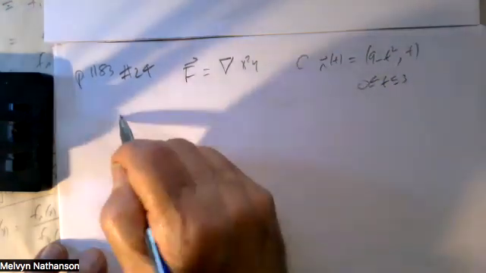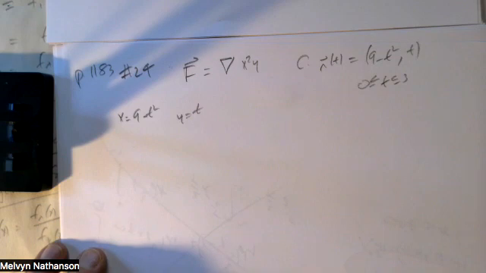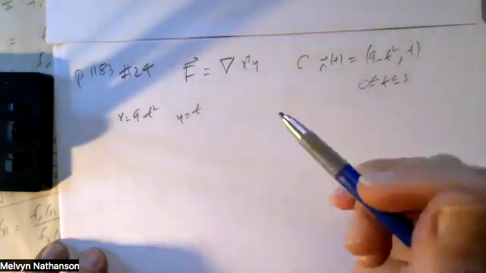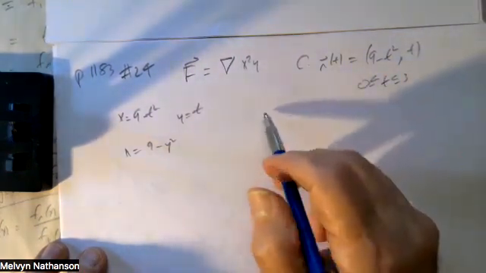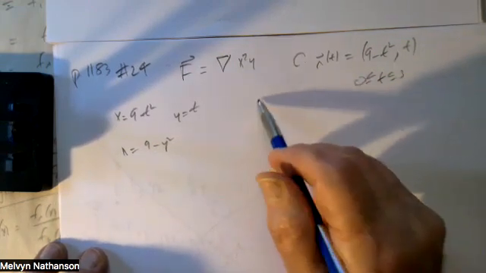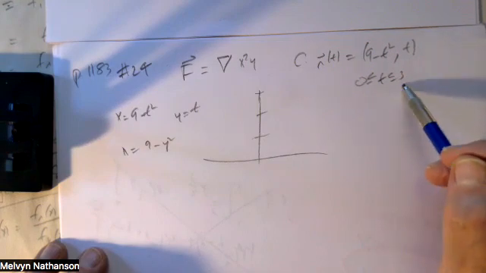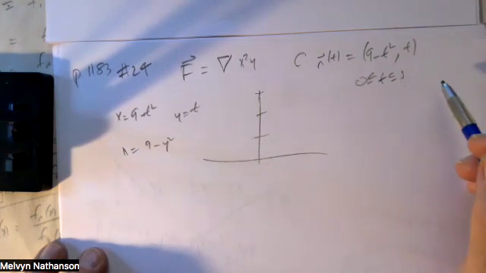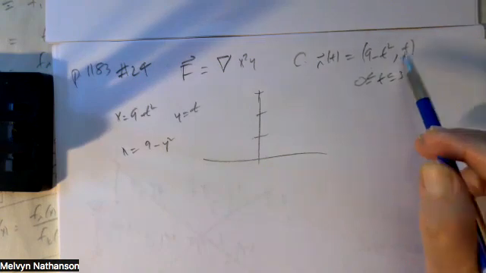In this parameterization, x is equal to 9 minus t squared and y is equal to t. So this is a parabola going sideways. This is like saying x is 9 minus y squared. The y component goes from 0 to 3.